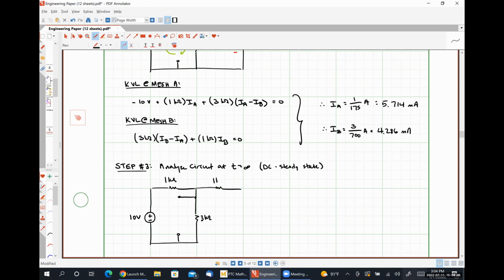Here's our 1 kilo ohm resistor. And because we're at DC steady state, our capacitor looks like an open circuit. Here's VC at infinity. Here's I at infinity. Does anybody have any suggestions about how we could solve for either of those two quantities?